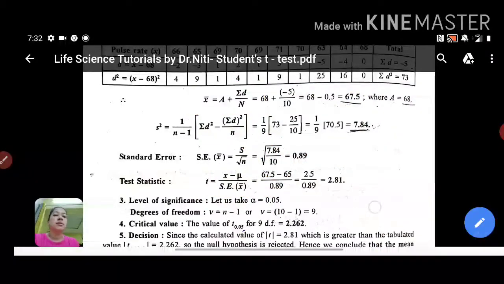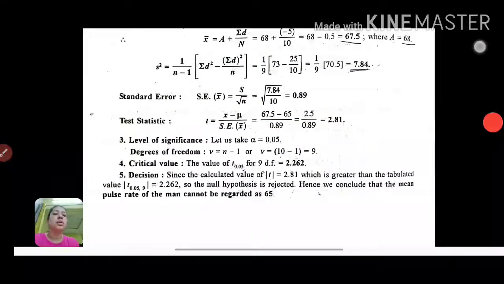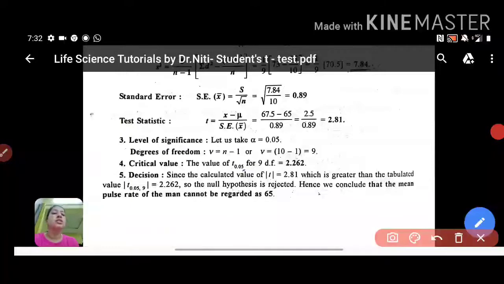Now the number of observations are 10. So you can determine the degrees of freedom as n minus 1, that is 9, and level of significance is 0.05. Now let's see in the table.